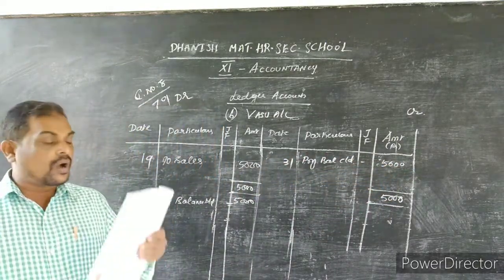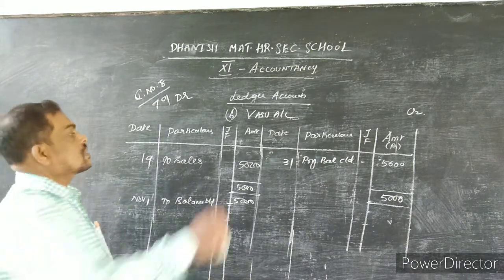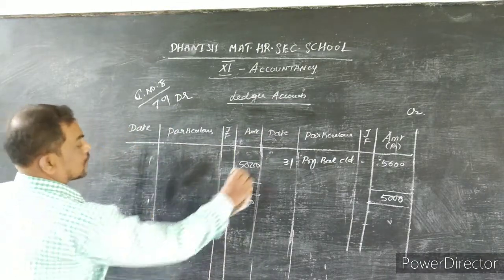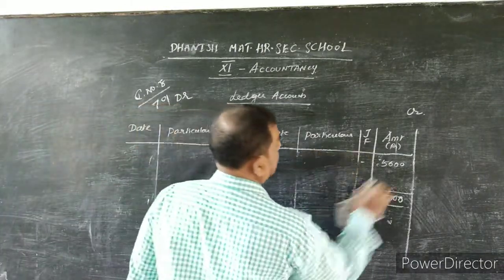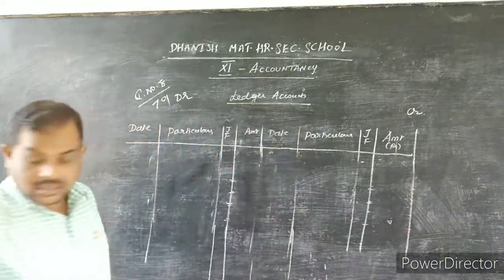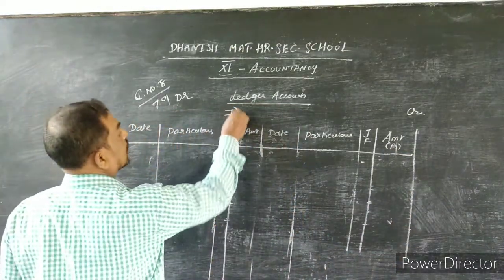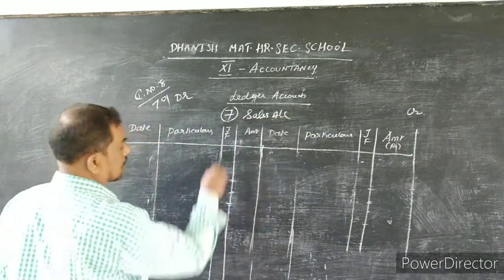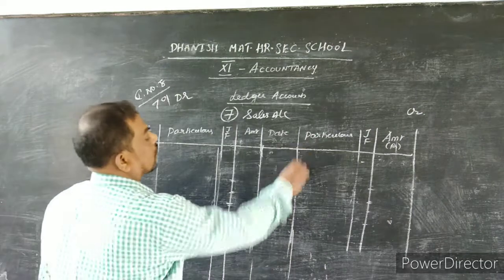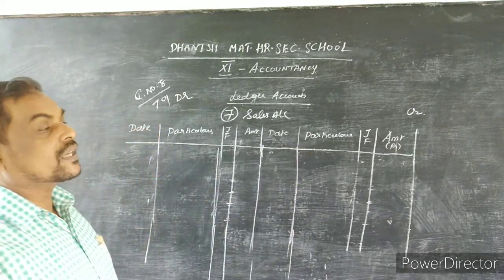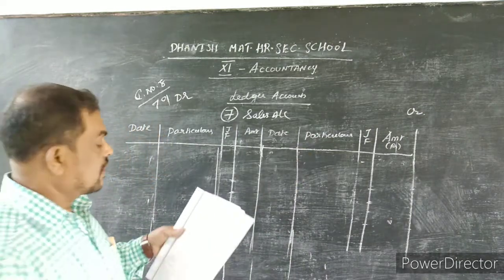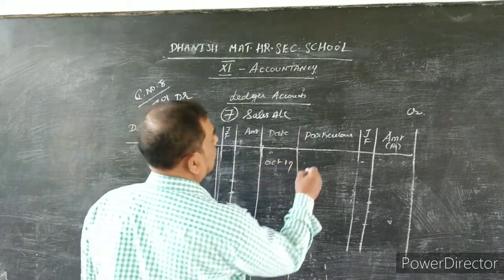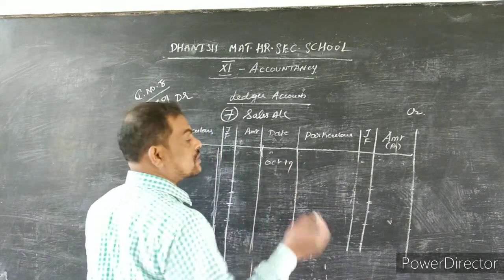Now the next ledger is what? Sales account. The 7th ledger is sales account. What is the entry for sales account? Vasu account debit to sales account. Sales account is on the credit side. So October 19. Sales account is on the credit side, but who is the debit? Vasu.